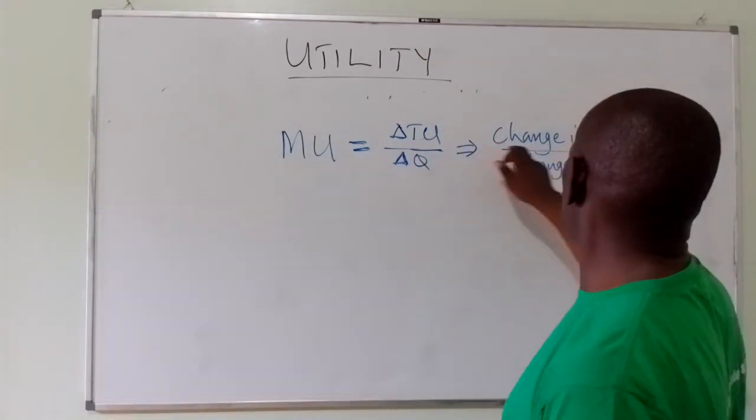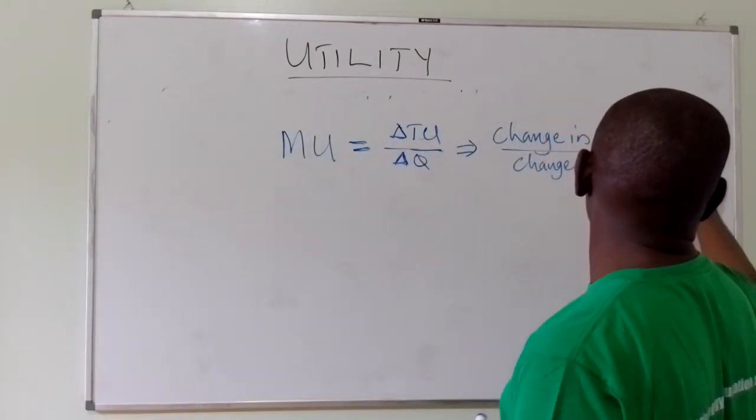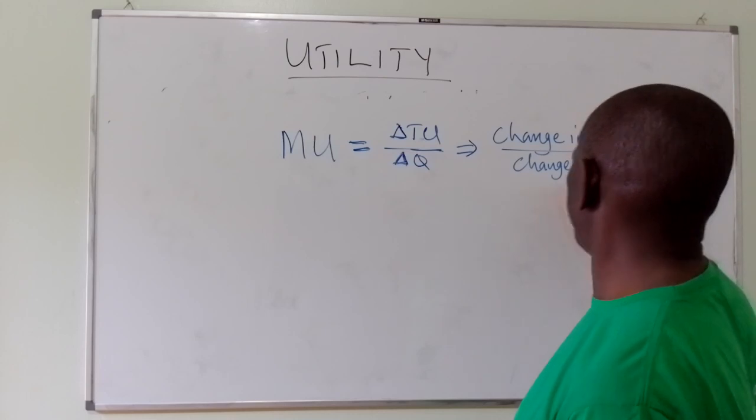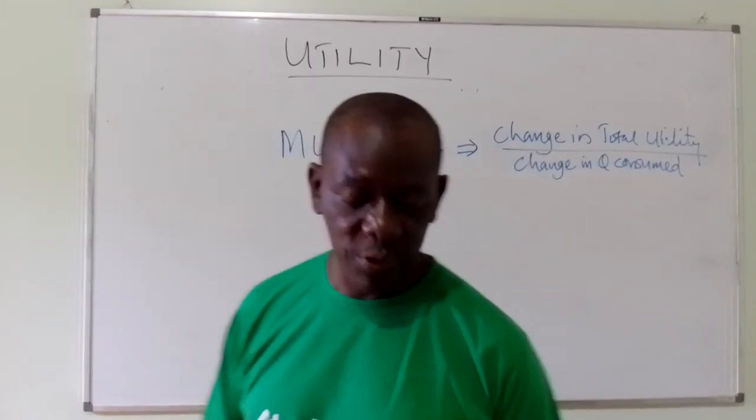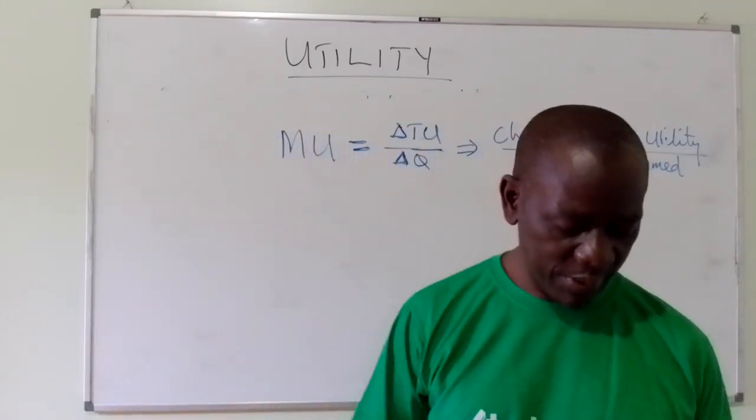So the change in the total utility that you are having over change in the quantity which you are consuming, which is a product.